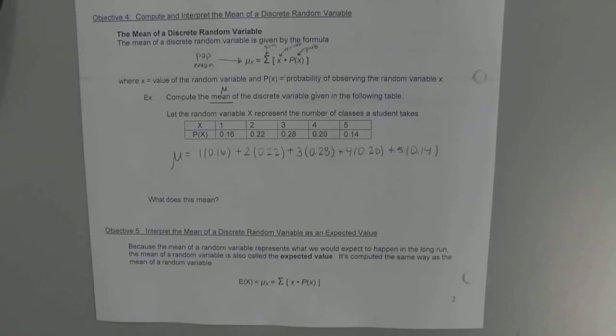So all you're going to do whenever you have to find the mean, if you want to do it by hand, I probably wouldn't do any of this by hand, is you just take your probabilities times your corresponding outcomes and add them all up. Remember, what we are getting is an average, so it does have a unit.